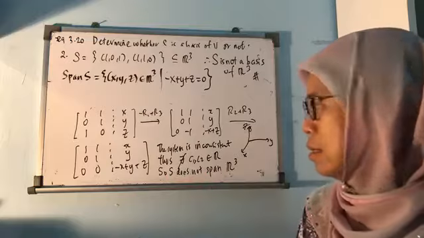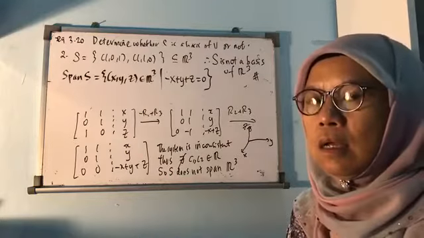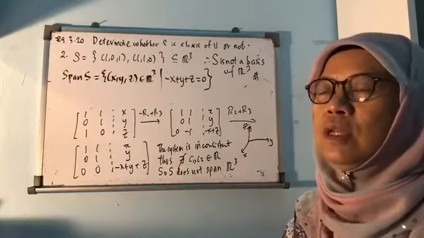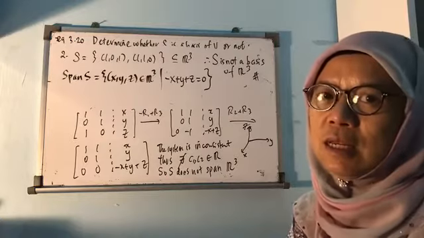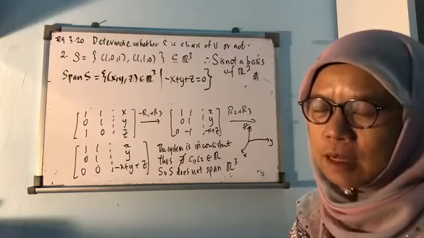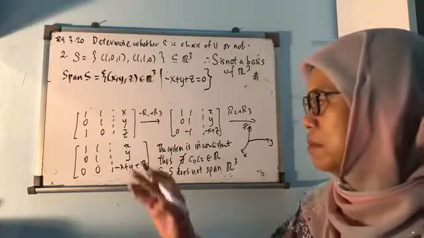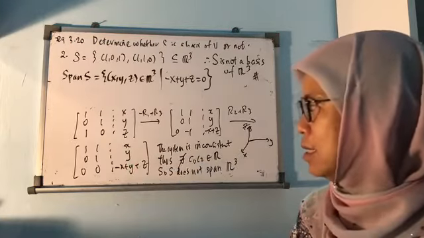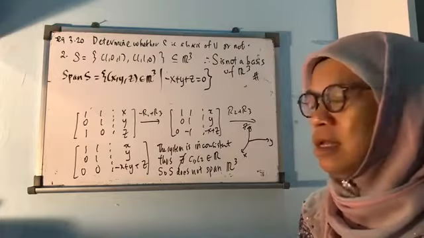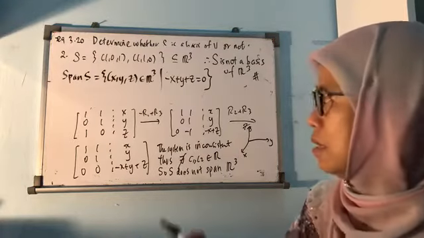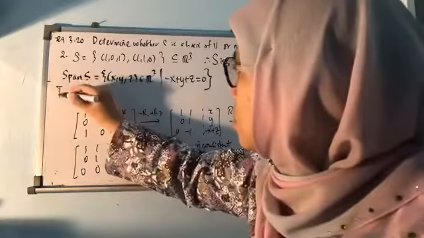So that's it. If the question asks you to decide whether this is linearly independent or not, then you have to find it. If you have found the span, it's easy to find whether they are linearly independent or not.